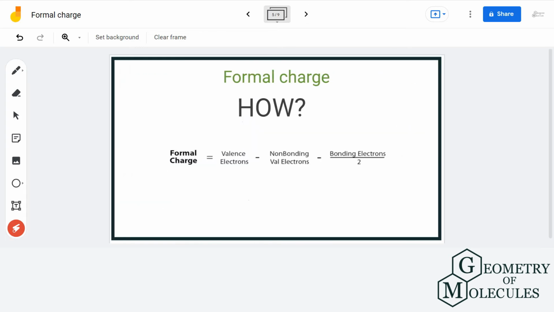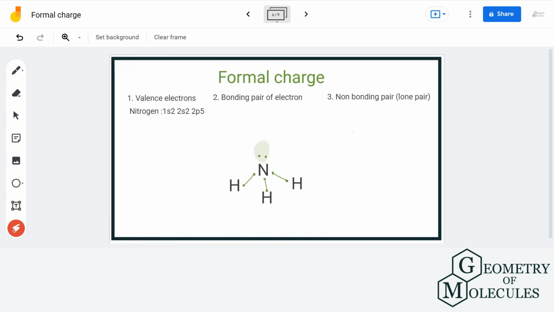The formula for calculating the formal charge can be written as the number of valence electrons in an isolated or free atom, that means when it exists separately without any bonding, minus the non-bonding electrons minus the bonding electrons divided by 2. Let us take an example of NH3, that is ammonia. The electronic configuration of nitrogen is 1s2, 2s2, 2p3.